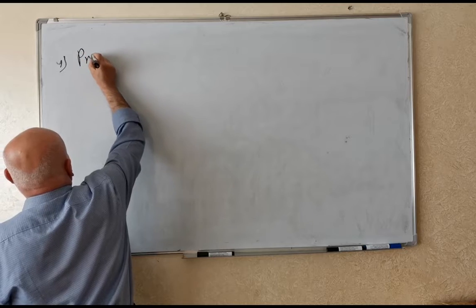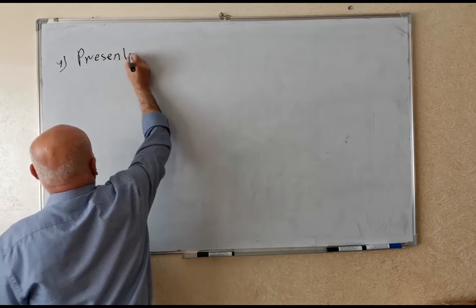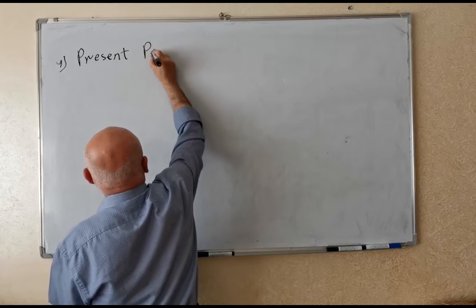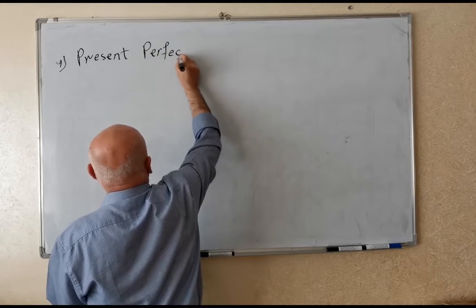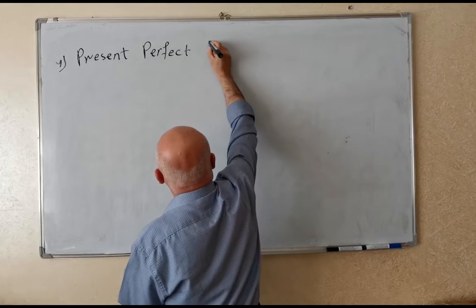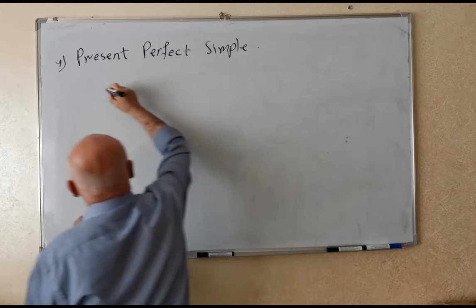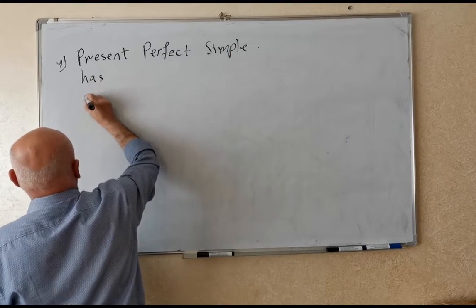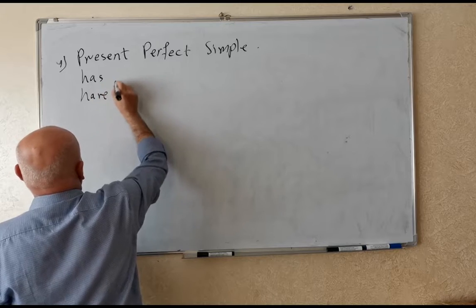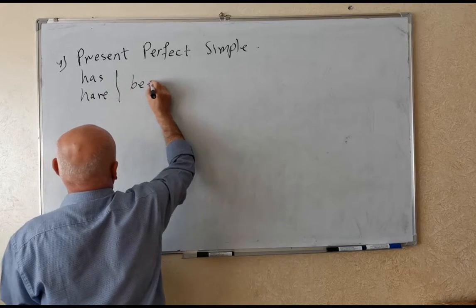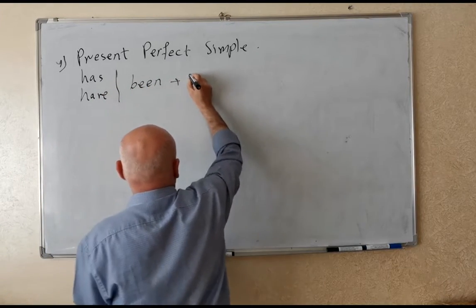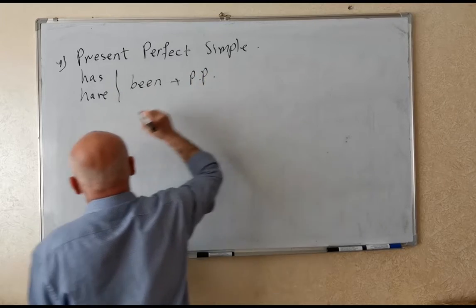Number 4, present perfect simple: has or have plus been plus the past participle of the verb.